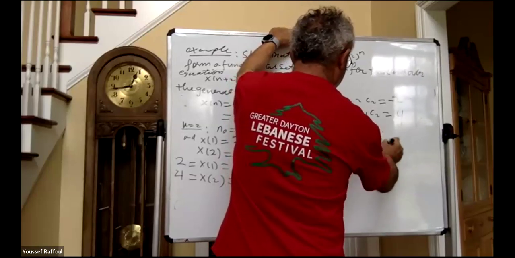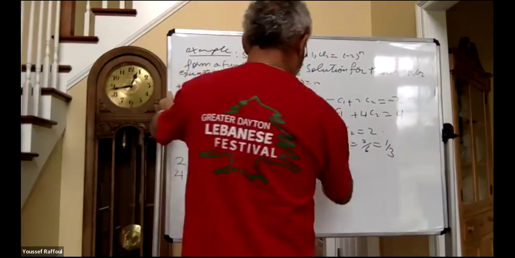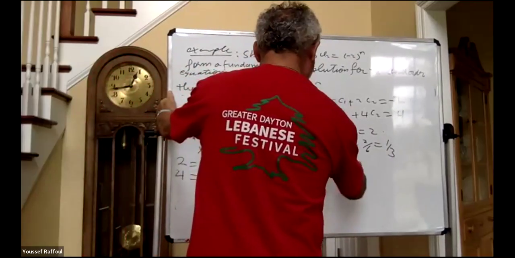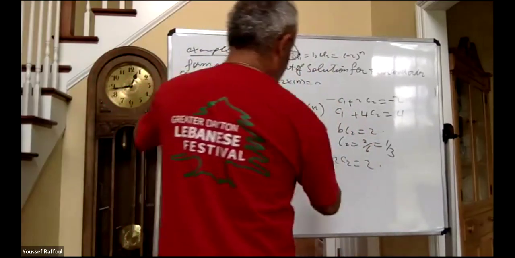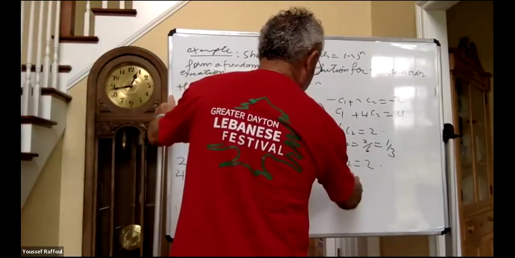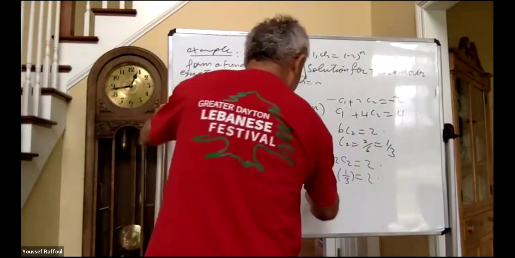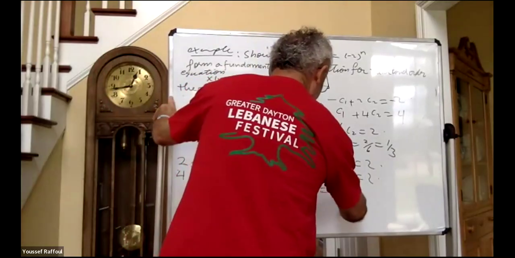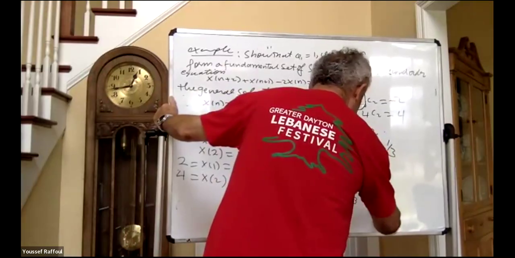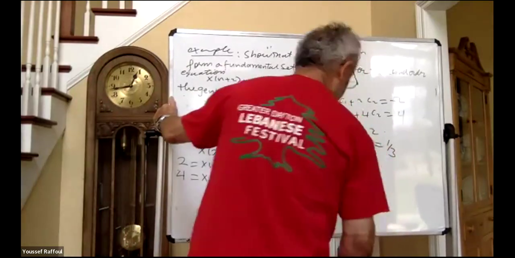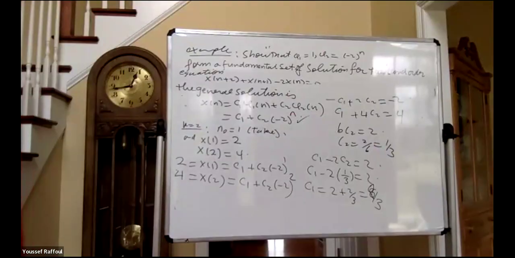C2 is 2 over 6, which is 1/3. And then I have C1 minus 2C2 equal to 2, and so C1 minus 2 times 1/3 equal to 2. And C1 is 2 plus 2/3, and that is 8/3. Okay, there you go. So I found what the solution looked like.